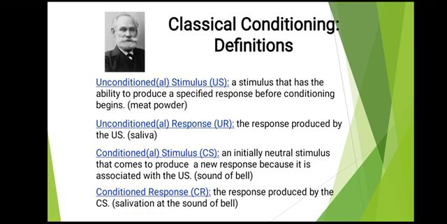Unconditioned stimulus means that which is not under the condition of the experiment. On the other hand, unconditioned response means the response that is not under the condition of the experiment. Conditioned stimulus means this is the condition of my experiment. Conditioned response means the response that is produced by the bell.